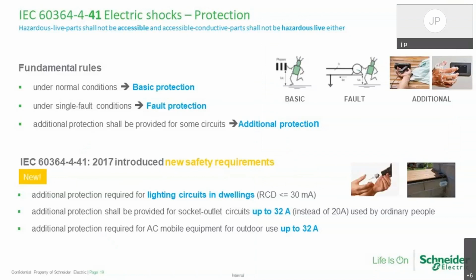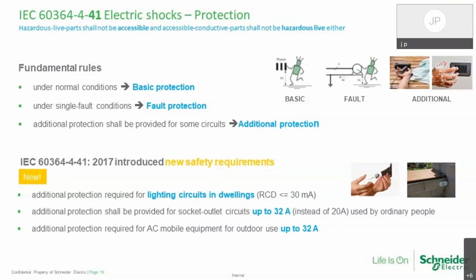So regarding part 41, this is the protection against electric shock, and we have 3 types of protection. What we call basic protection is protection under normal conditions. So you have to make sure that when you use your installation normally, it is safe.